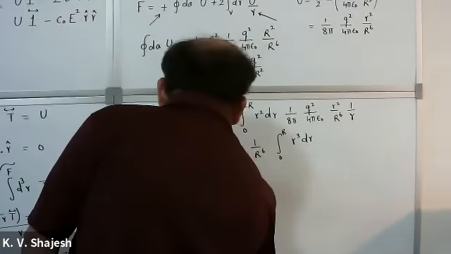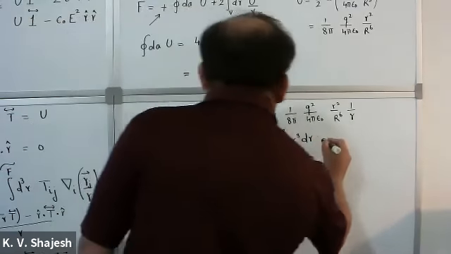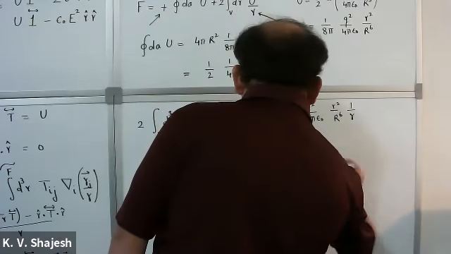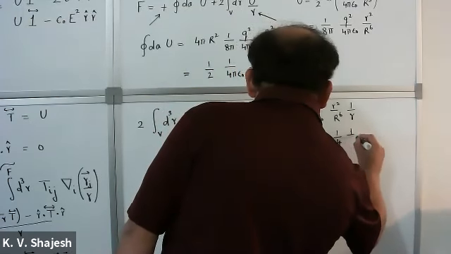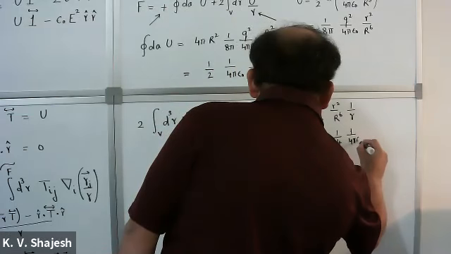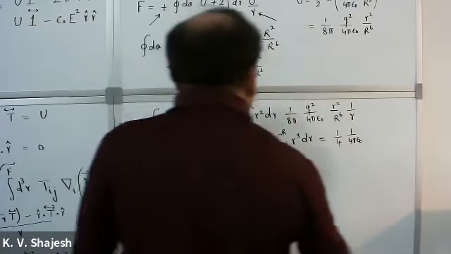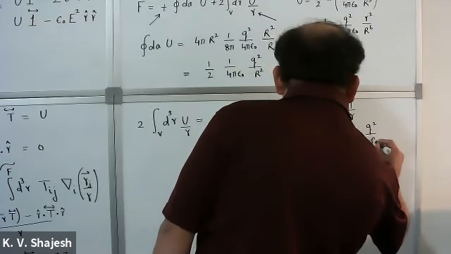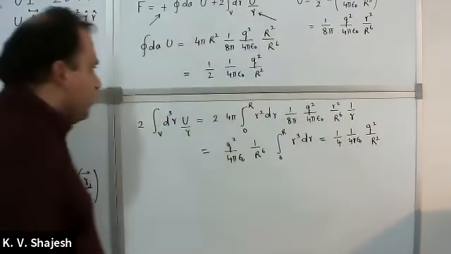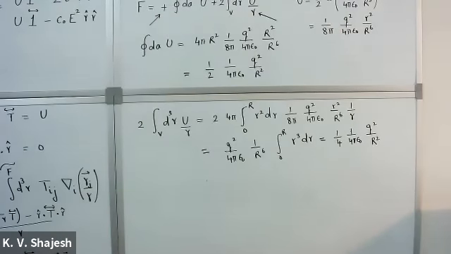This is equal to, so let me do that here. This is 1 over 4 times 1 over 4 pi epsilon naught, and this is q square over r square. So the r's all cancel.